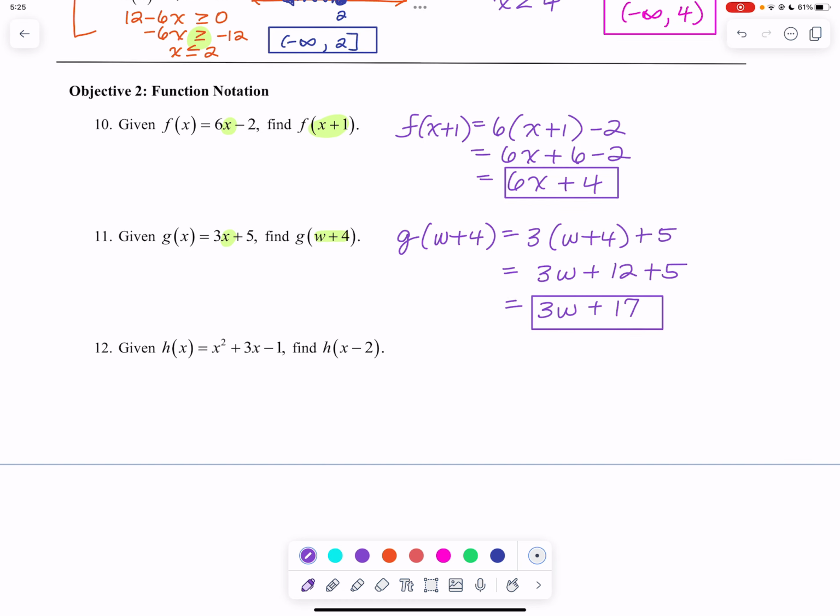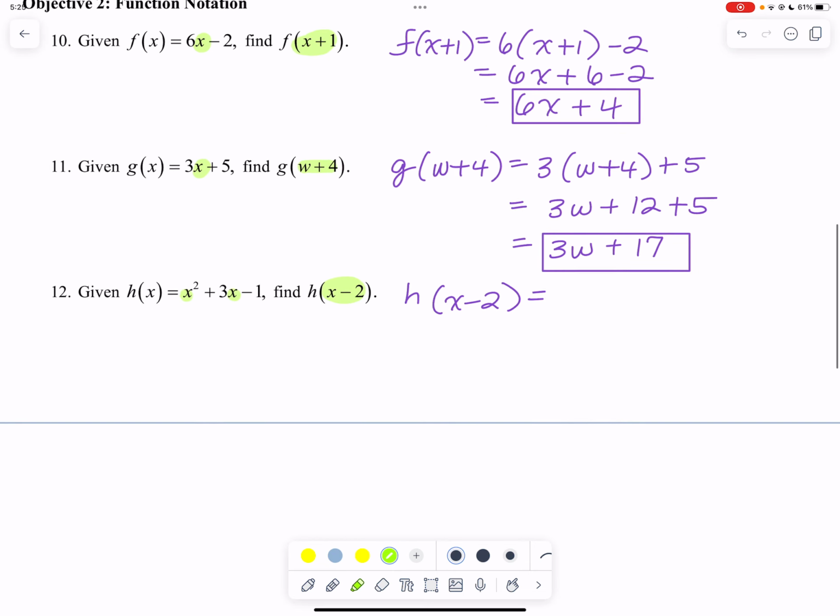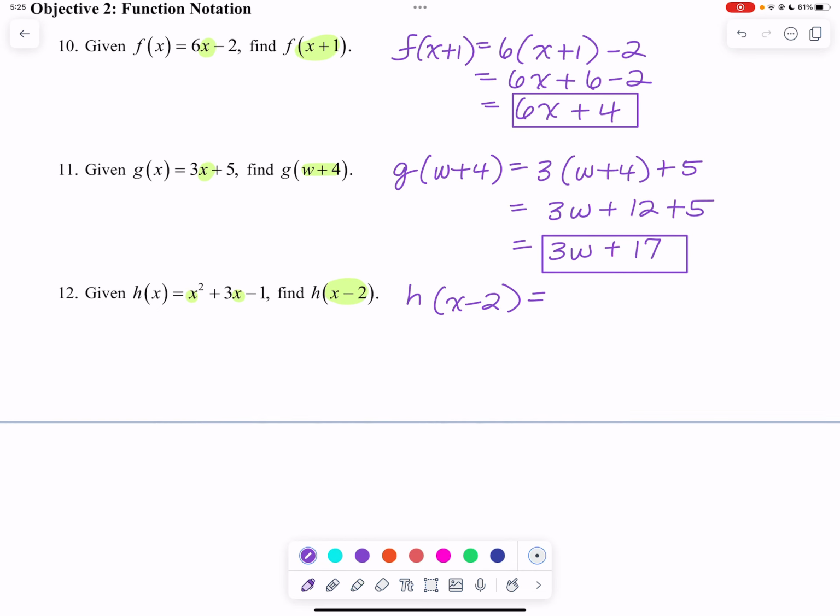Now, finally, we are going to find h of x minus 2, and this is a little more work because here, everywhere there's an x, we're going to put all of x minus 2. So we're going to take x minus 2 and square it, 3 times x minus 2, and then subtract 1.